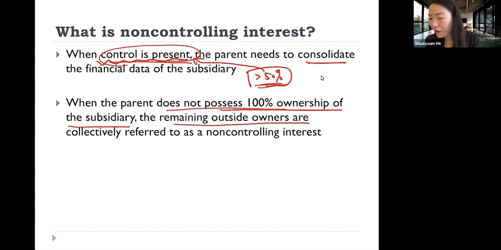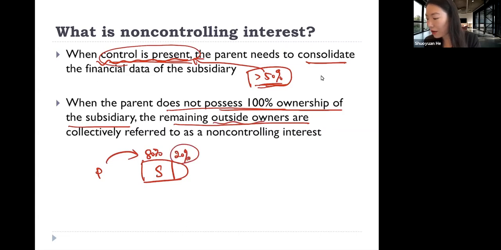And if the parent does not have 100% ownership of the subsidiary, there are remaining outside owners. So here we have a parent, we have a subsidiary. Suppose the parent only has 80% of the subsidiary, and the other 20%, which are the remaining outside owners of the subsidiary, it is referred to as non-controlling interest.